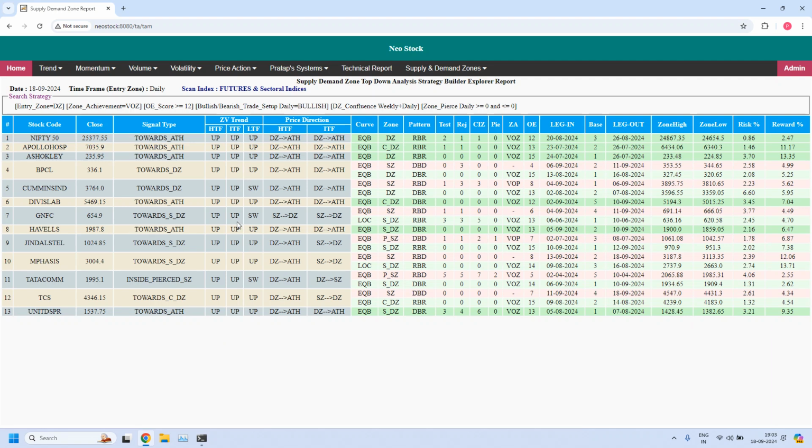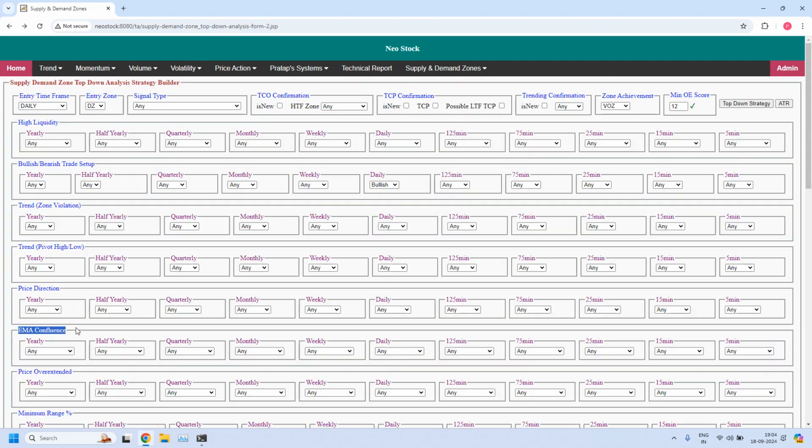See here, the ITF trend is uptrend in bullish trade setup. And if this ITF zone, that means the weekly zone, is having weekly EMA confluence, it is a high probability trade setup. Moreover, it is supporting bullish trade setup for monthly income trade. So I'm going to add the EMA filter.